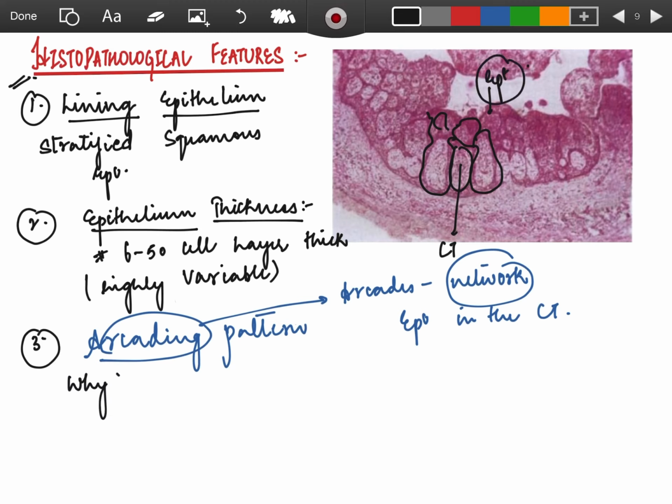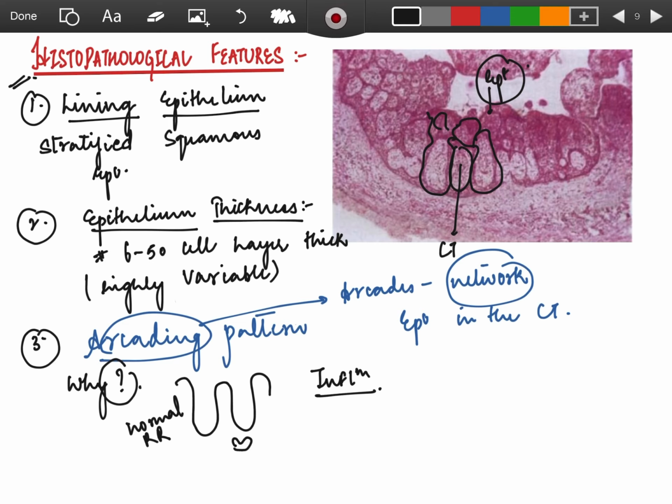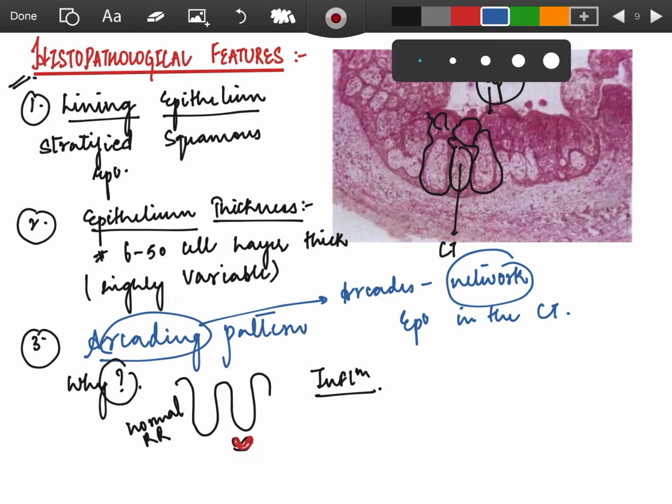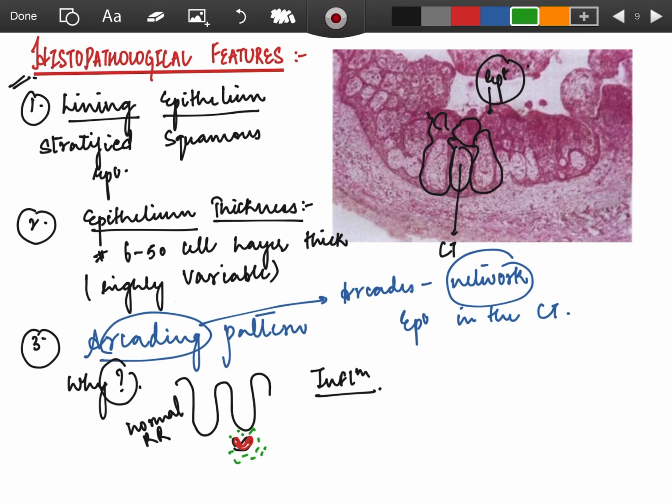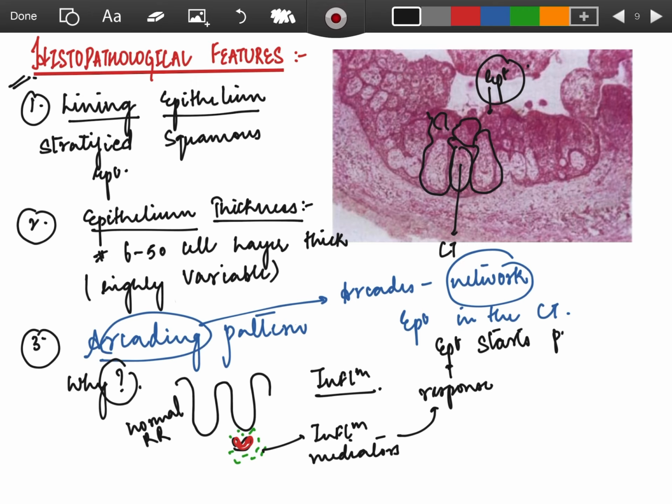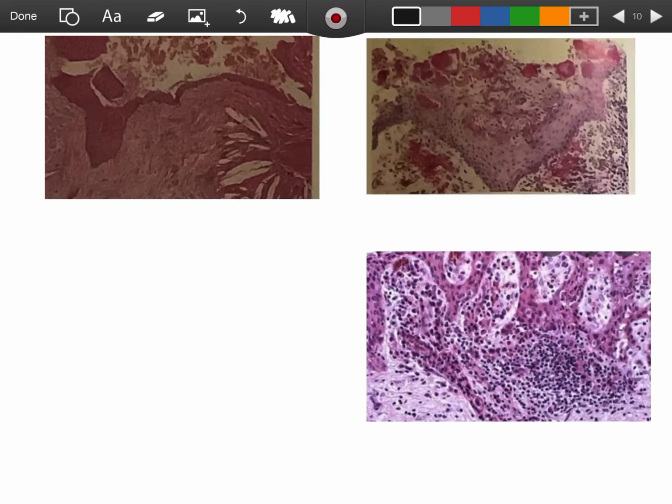We know the normal pattern of the rete ridges, and now inflammation occurs in the radicular cyst. Blood vessels start to secrete inflammatory mediators, and in response to these inflammatory mediators, the epithelium starts to proliferate in the connective tissue. So we call it an arcading pattern.